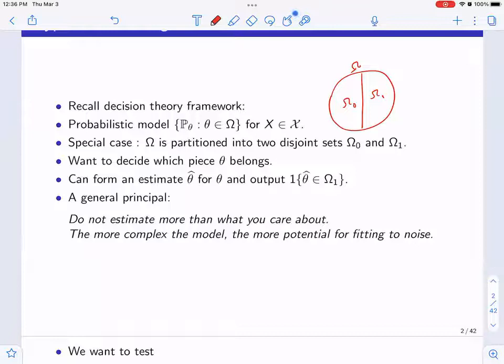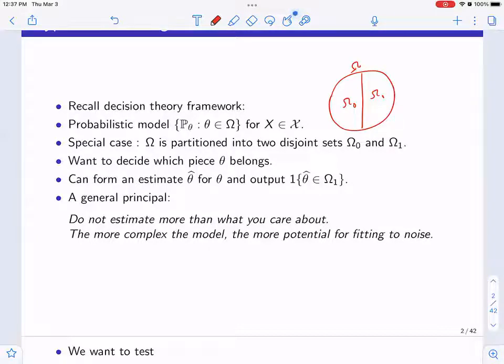As before, we have a probabilistic model, so the background is basically the same. The only thing that makes it different than an estimation problem is that we only care about where the parameter lands in one of these two disjoint subsets of the parameters.